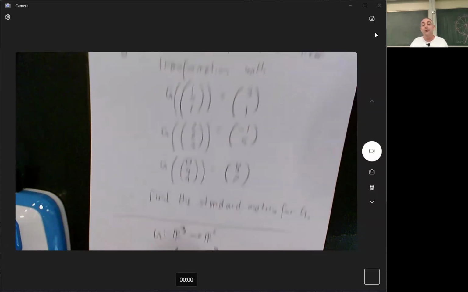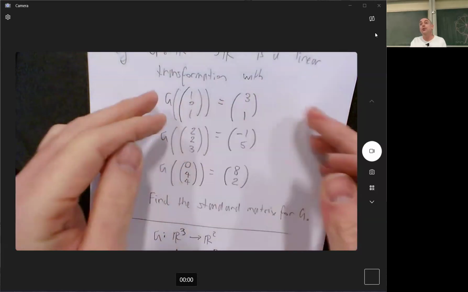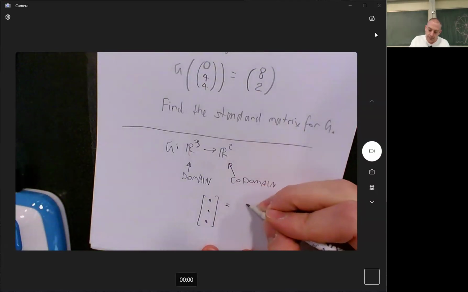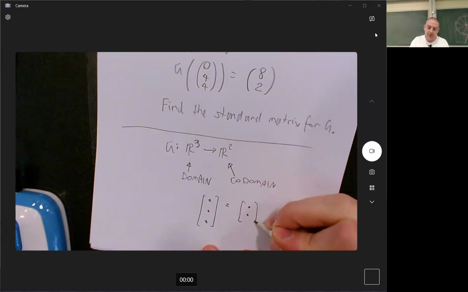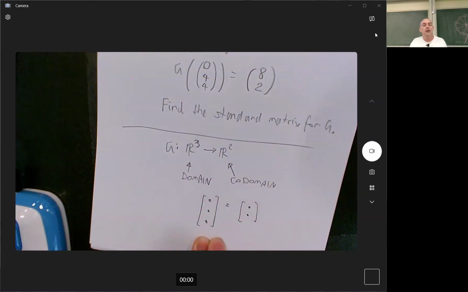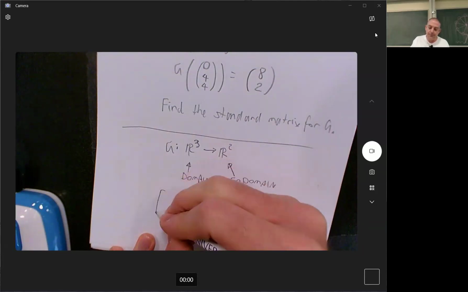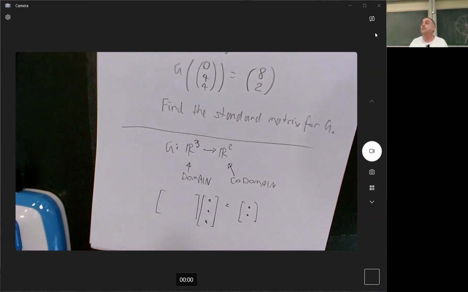So even if a person gave you this question and wrote them as rows, you would still write them as columns when you do the actual working. So it takes vectors with 3 coordinates and it spits out vectors with 2 coordinates. And it does that by multiplying by a matrix here. That's how G does its job. And all linear transformations, no matter how they're described to begin with, can be rewritten this way.